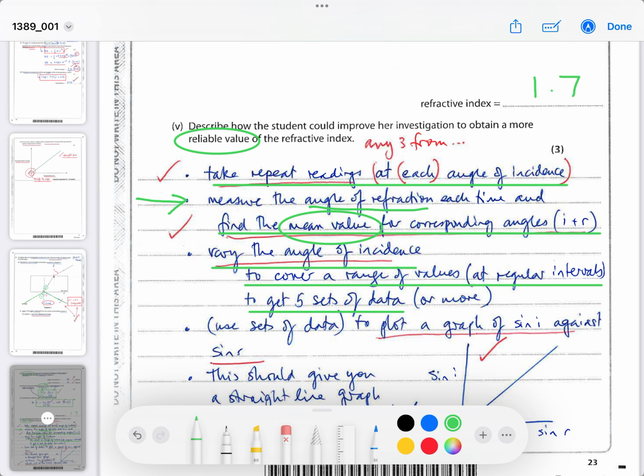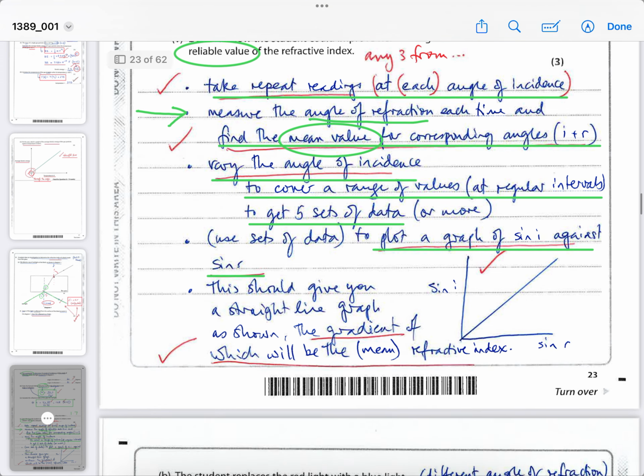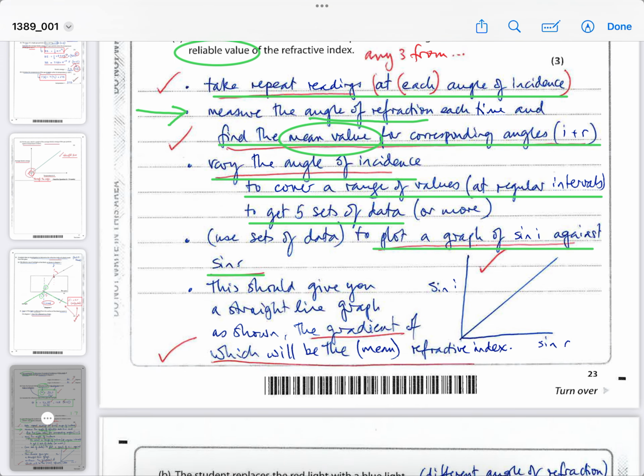And then once you've got 5 sets of data, instead of just calculating it once, you can plot a graph of sine I against sine R, as I've sketched here, and that should go through the origin. If you do that, this is the correct scientific method for working out the refractive index.